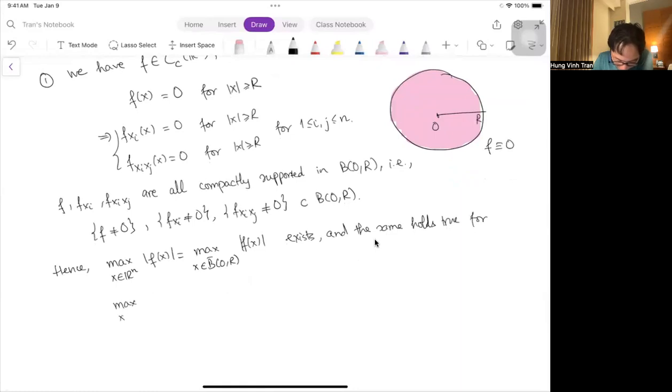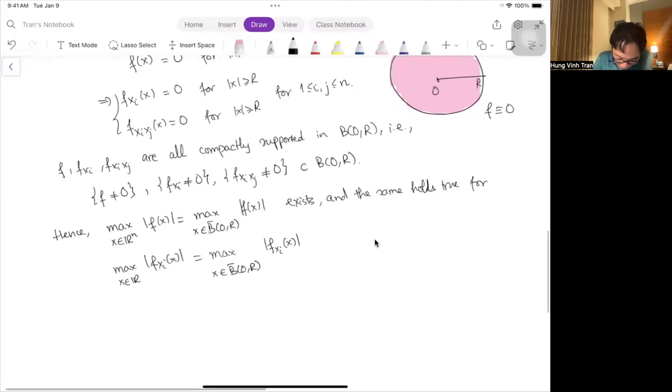So the max over x in Rn of |fxi of x| equals the max over x in this compact set, and same for fxi xj.